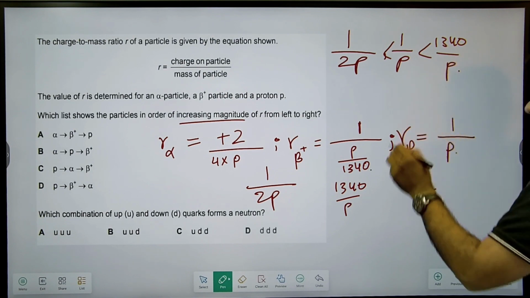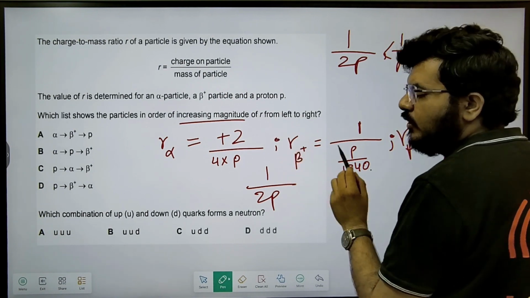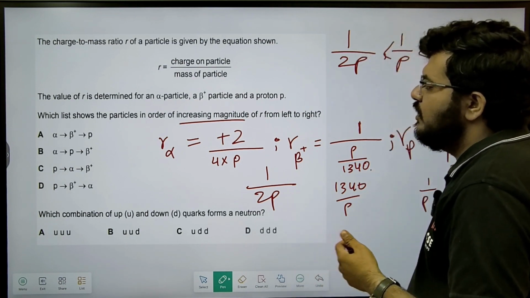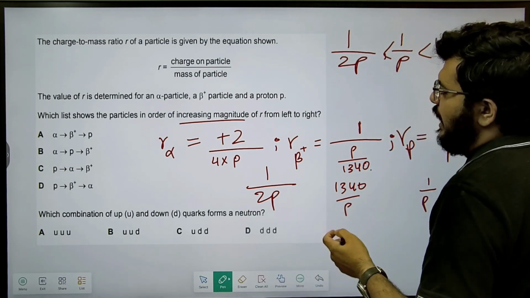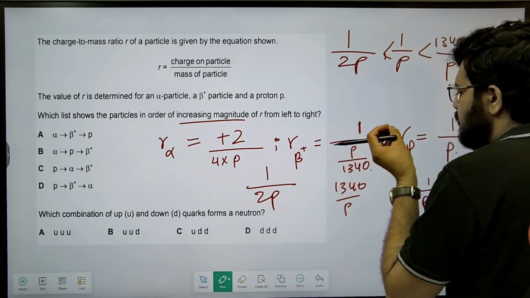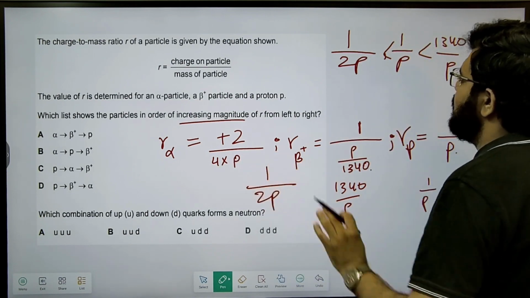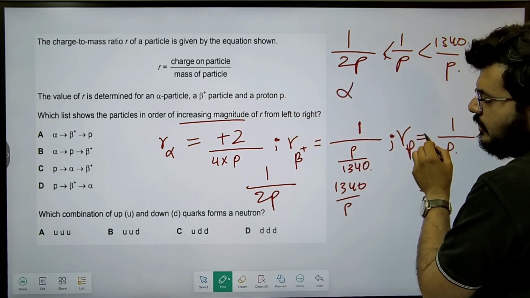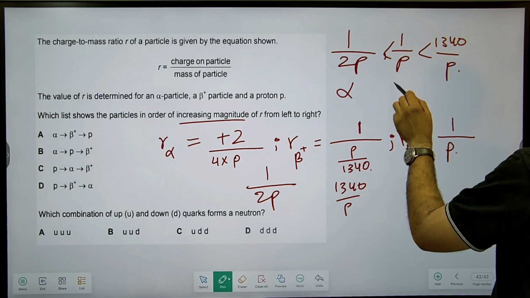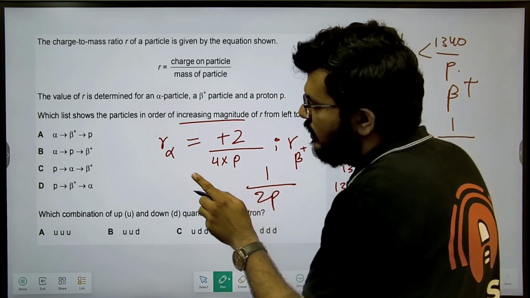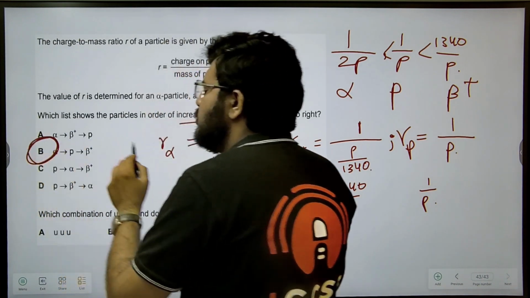See, in your exam you will have the exact value for the mass of an electron and the exact value for the mass of a proton, so you can use those values. But here I can simply round it off because the exact answer is not required. What is this? This is your alpha particle, then this is your proton, and this is beta plus. So alpha, proton and beta plus is option B.